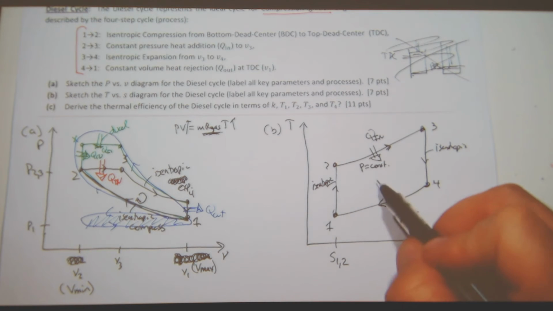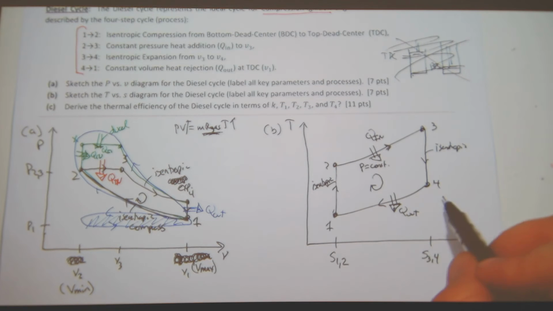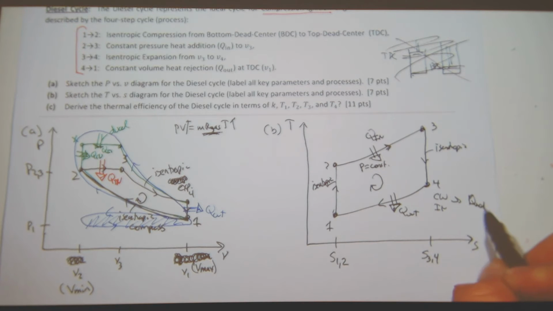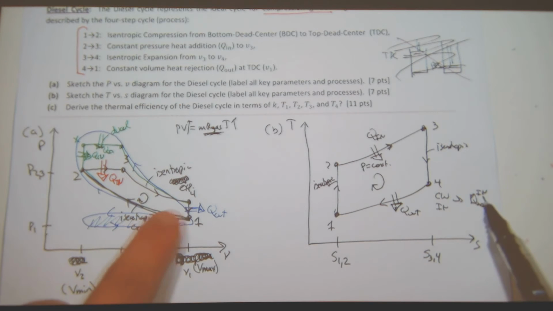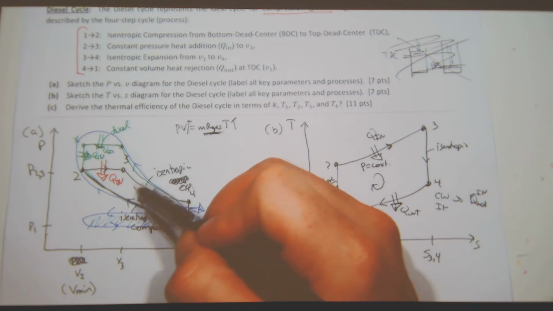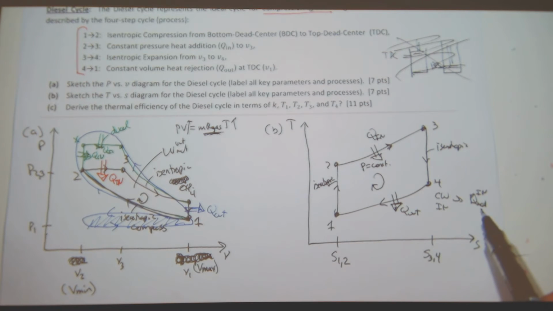So I have this, and then I can put it: clockwise, two letters in, which implies net heat in, and of course I can relate the net work out to the net heat in for a cycle.